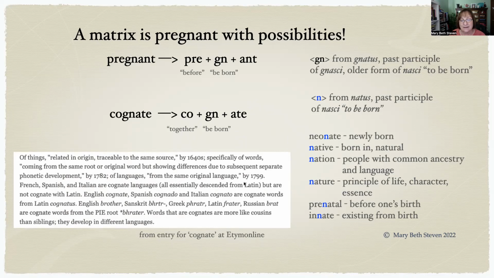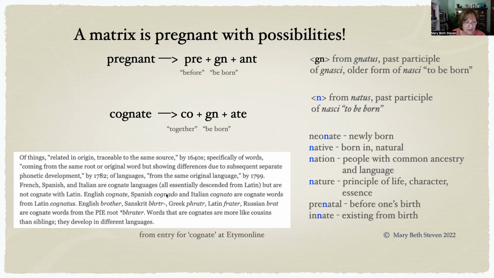And that use has been in place since 1799. An example of cognate languages would be French, Spanish, and Italian. They all essentially descended from Latin, but they're not cognate with Latin because Latin existed first, right? And they are descended from Latin.